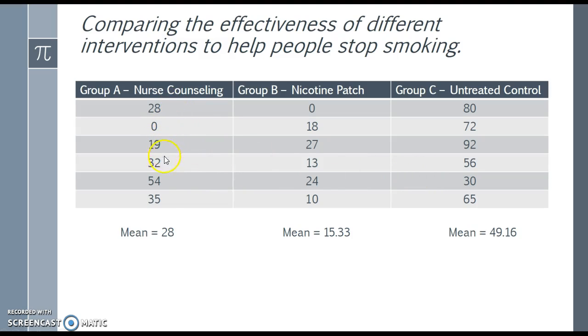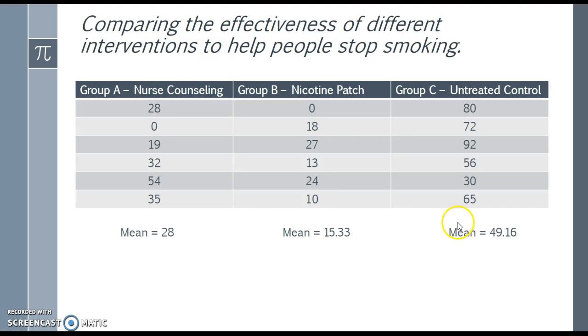When we add up the numbers, and again, these numbers represent each participant's number of cigarettes that they have smoked in the last month, and divide by 6, we get a mean of 28 for group A. When we look at group B and add them up, the average number of cigarettes smoked is 15.33.